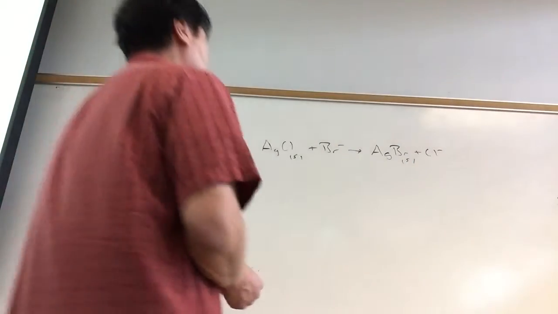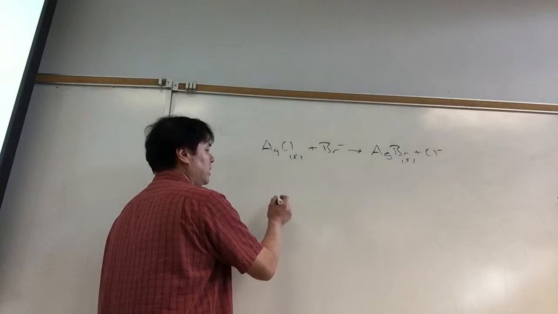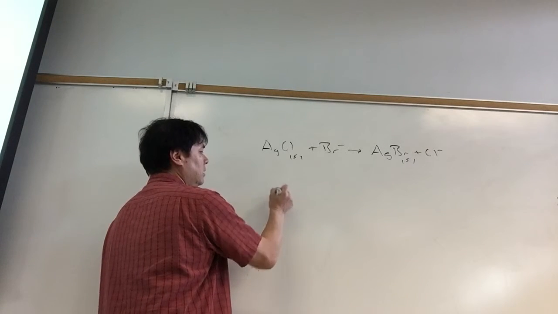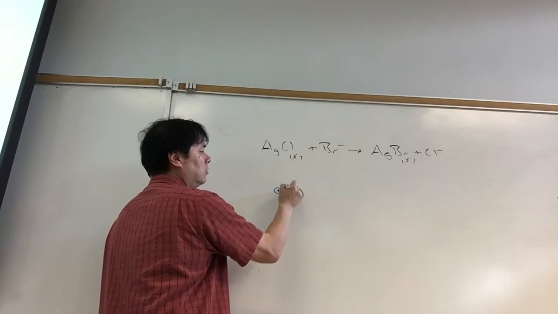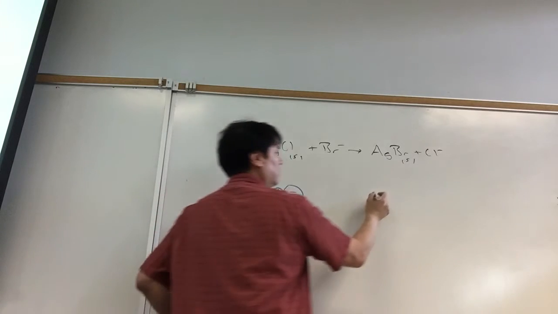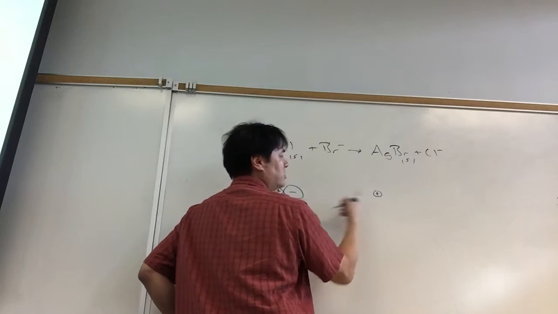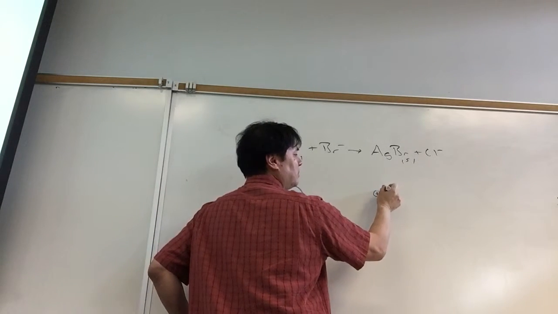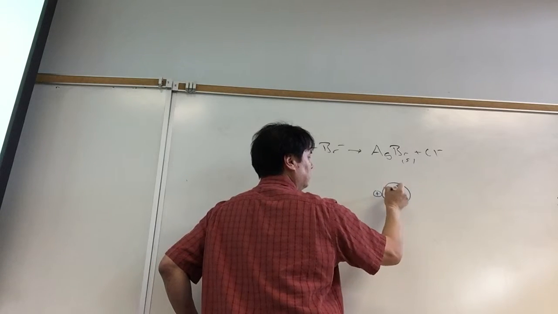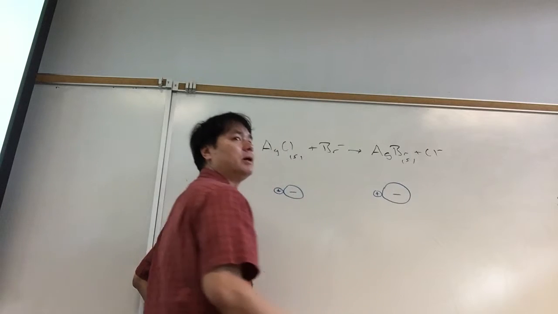We could make a prediction based on Coulomb's law. Silver is a plus, chloride's a minus. These two silvers are the same size, but is bromide bigger or smaller than chloride? Bromide's bigger.